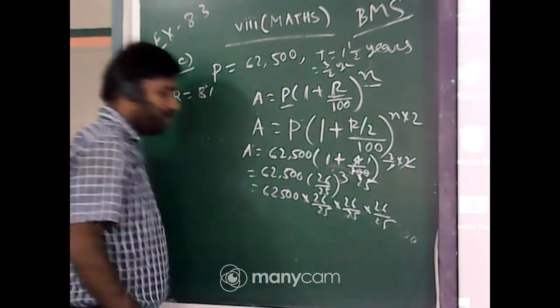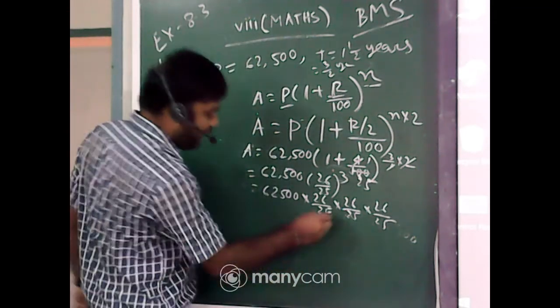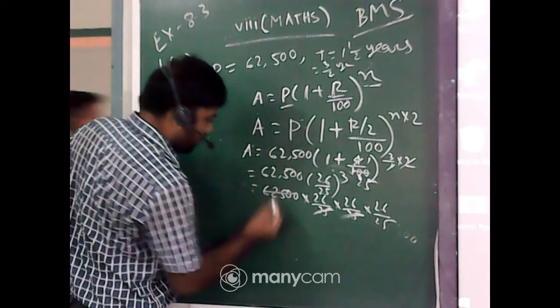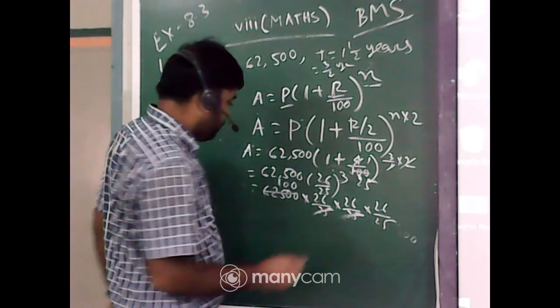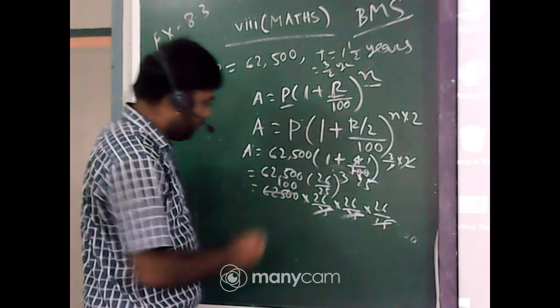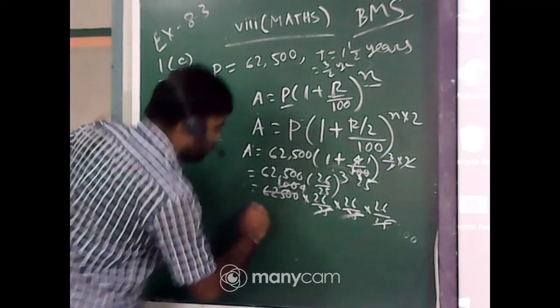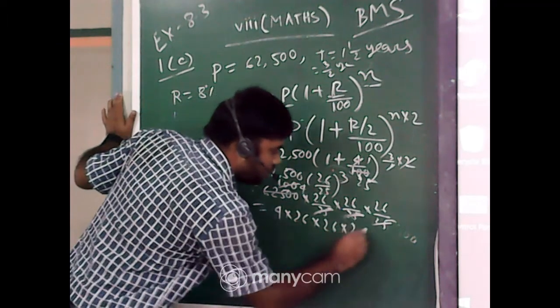We know that 25 into 25, that is 625. So cut it: 62,500 by 625 is 100, and 100 again will reduce by 25, that will be 4. So 4 into 26 into 26 into 26.